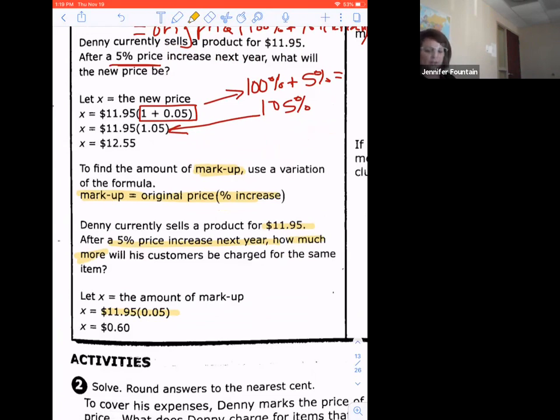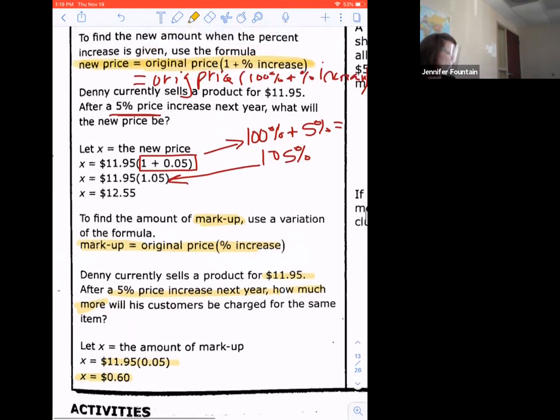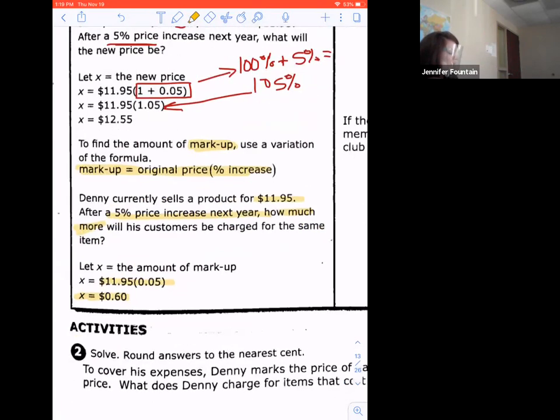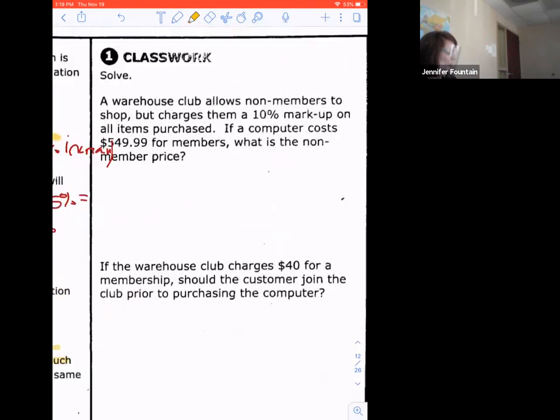I multiply that, and I can see that you're actually paying 60 cents more. So my markup is the amount that I'm paying on top of the original price. My new price would be if I took that original price, added the 60 cents, and then that's my new price. Okay? So let's take a look at classwork.